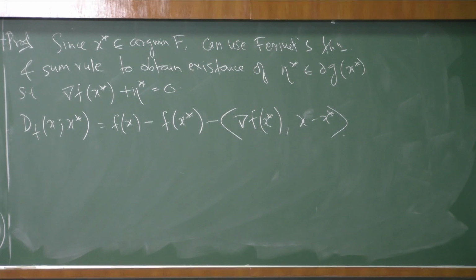Basically we have to prove that this is less than or equal to capital F(x) minus infimum of f, and f is convex also, right? So if f is convex, then what does this imply?